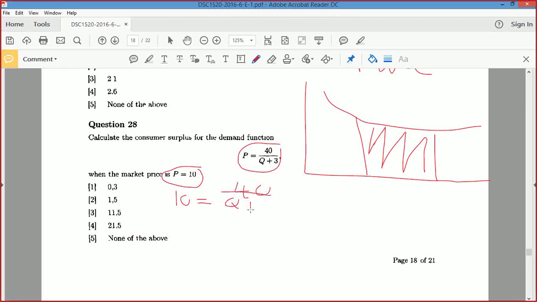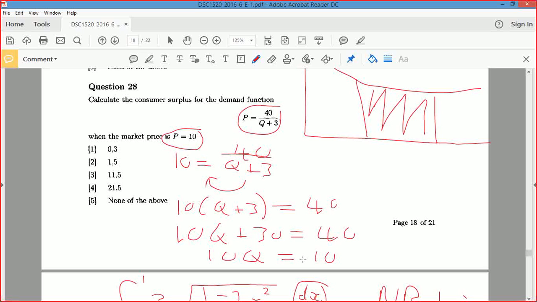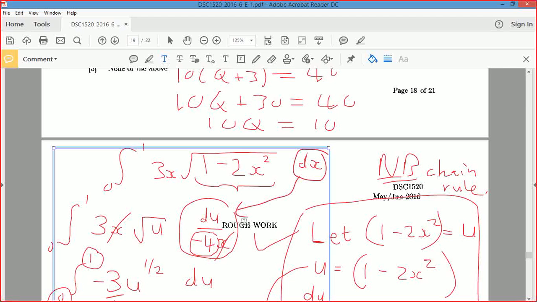40 over Q plus 3. Take this to that side. So 10 times Q plus 3 equals 40. So I'll have 10Q plus 30 equals 40. 10Q equals 10, Q equals 1. Wait, hold on. Where did you get... Oh, okay, sorry. Yes, fine.